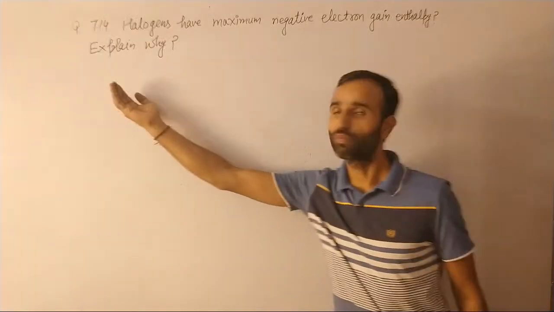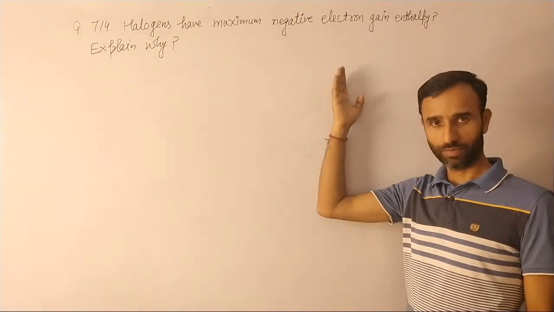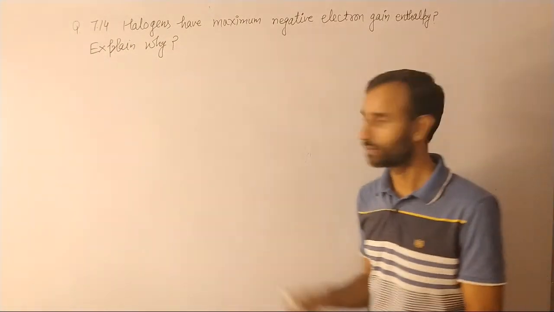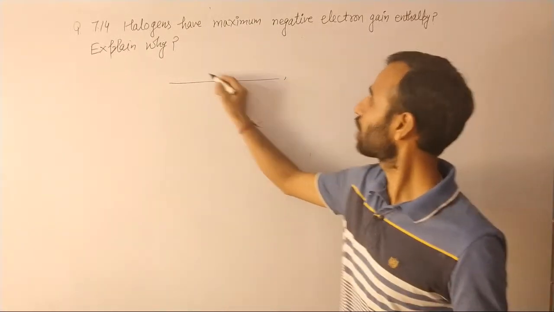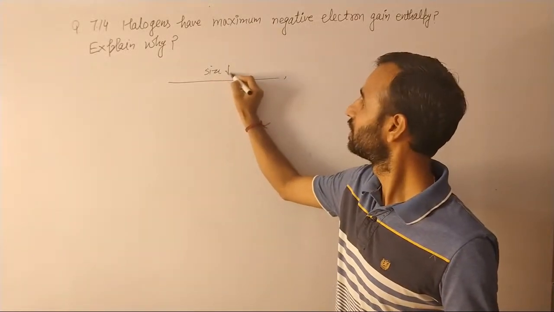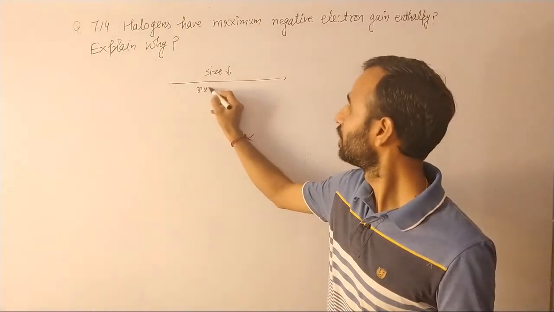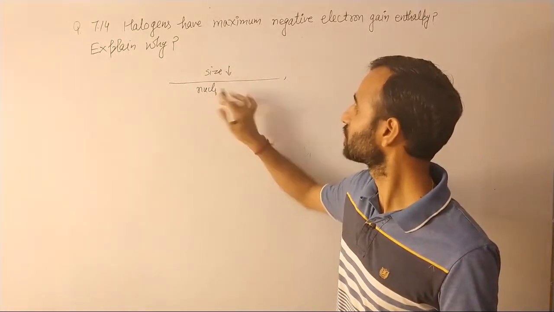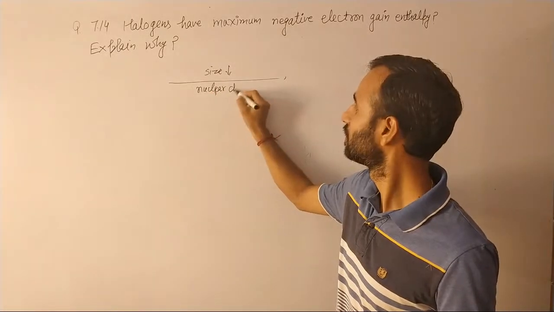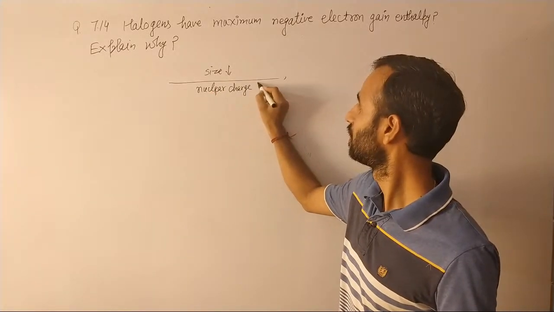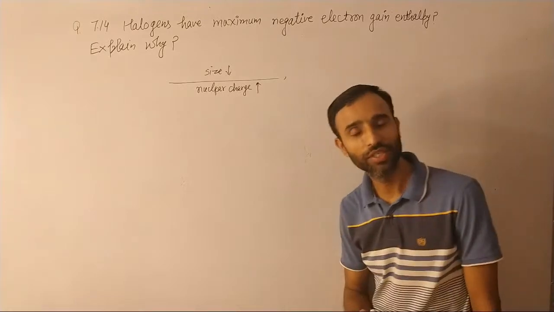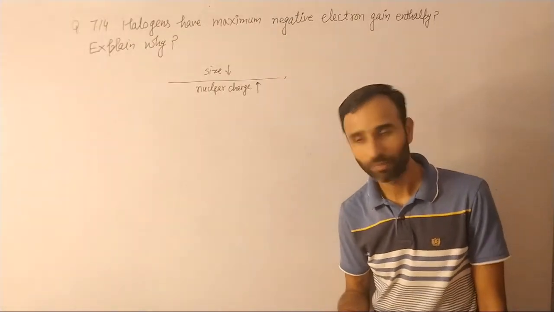Because as we go along the period, size decreases. And what about nuclear charge? Nuclear charge increases.